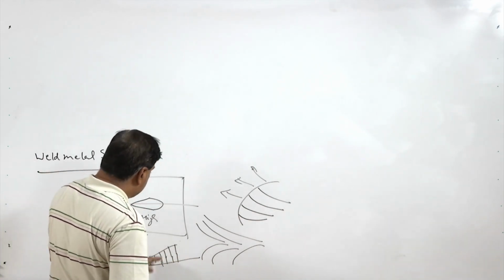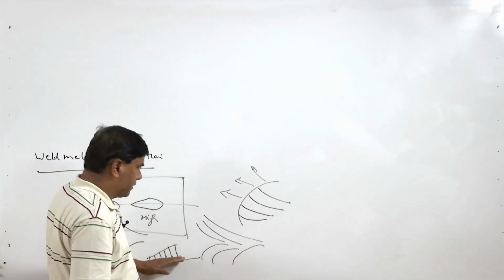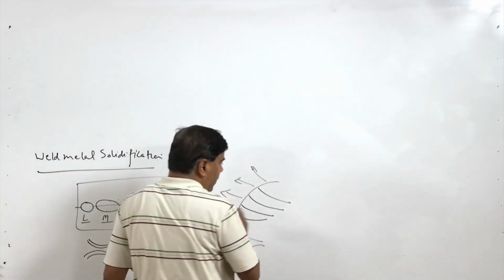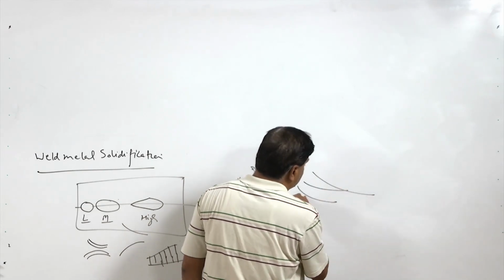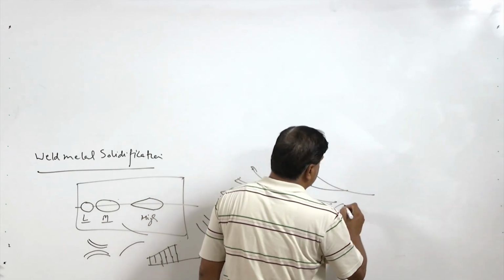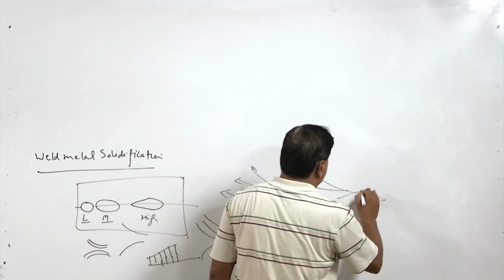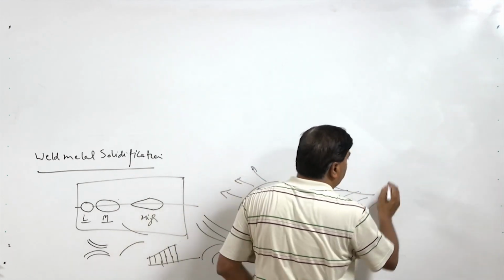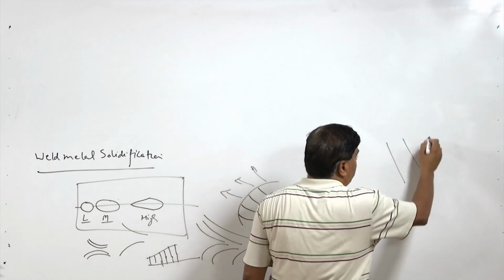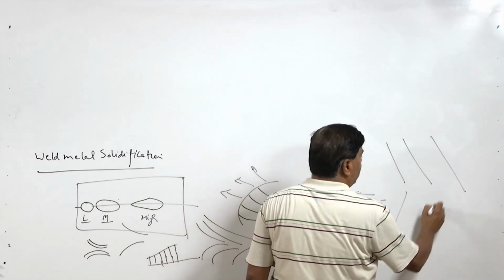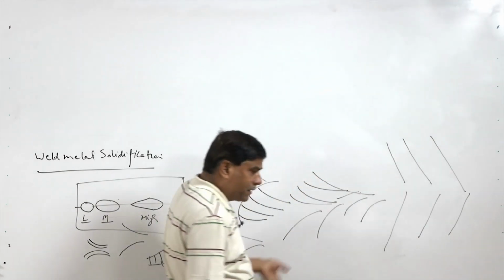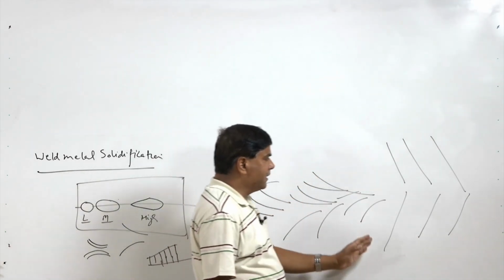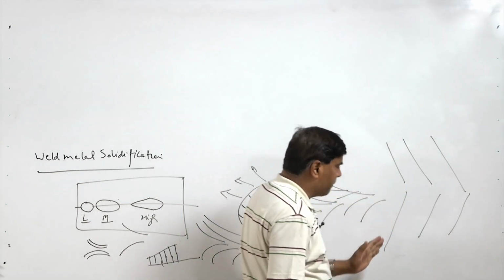So, curved columnar or very straight ones. In one case the grains meet at different points, while in another case they meet at a common point. The curved grains meet at different points, and when they are straight they all meet at the center.